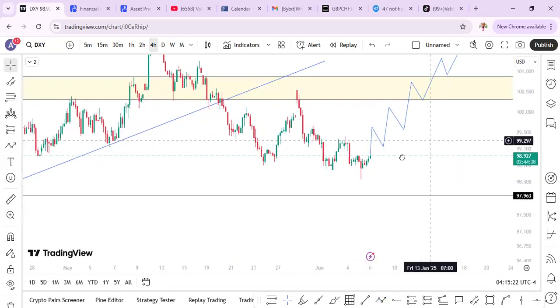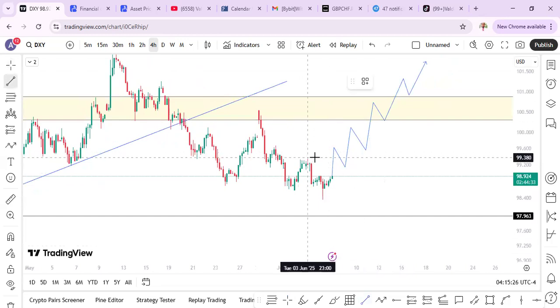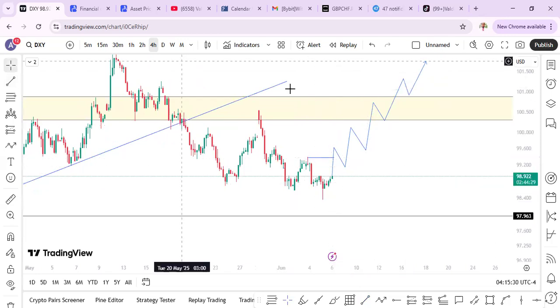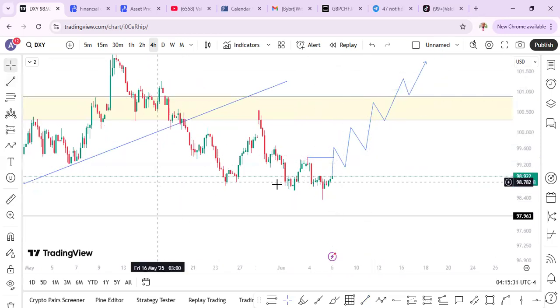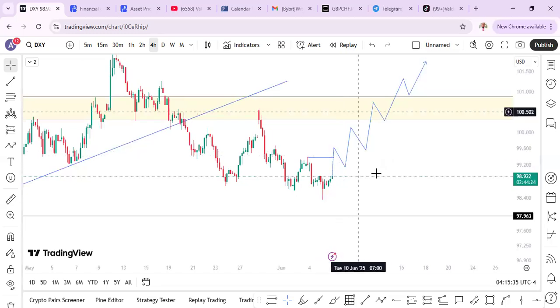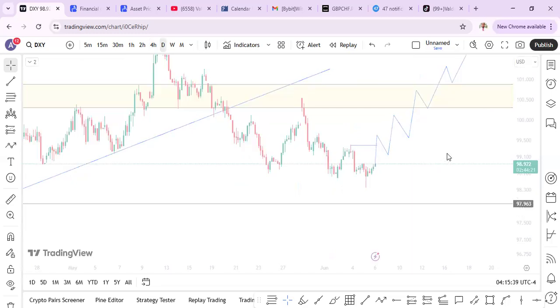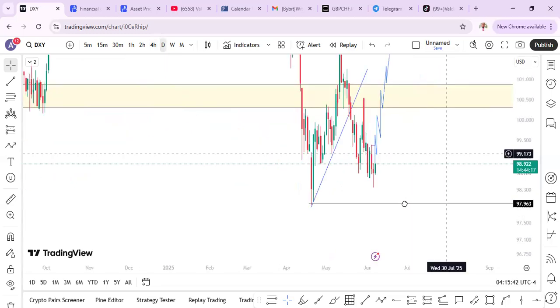By the time we begin to see a structural break on this 4-hour time frame, we're going to see a structural break of this nature. If the news is positive for the dollar, then we're going to see the dollar creating a higher low, and that will lead to a bullish run, maybe next week.